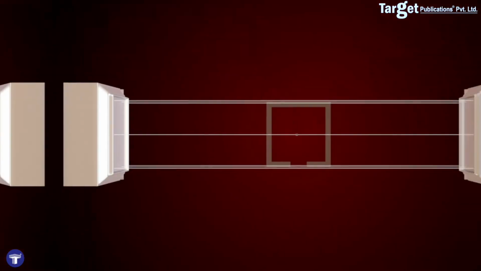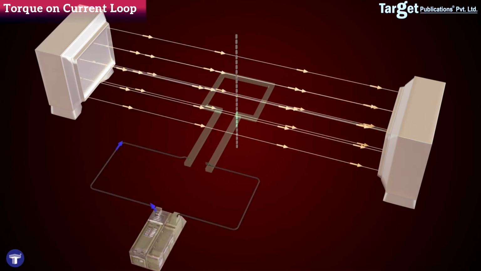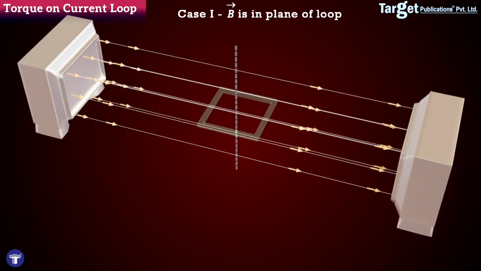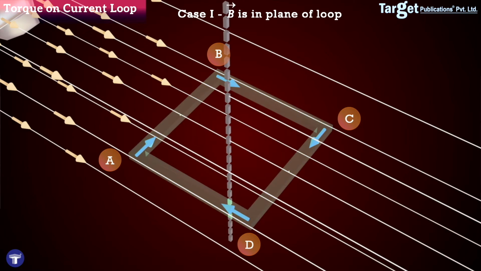A rectangular current carrying loop, when placed in a uniform magnetic field, experiences a torque. It does not experience a net force. We first consider the case when the rectangular loop is such that the uniform magnetic field B is in the plane of the loop. This field exerts no force on the two arms AD and BC of the loop.